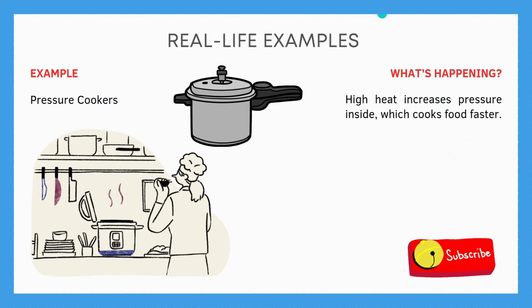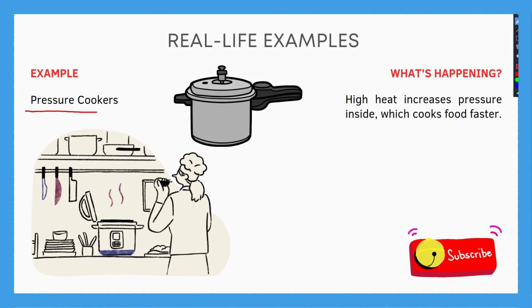So that brings us to the next example, and this is where most of us are familiar with it. It's the example of pressure cookers. Now, why are they called pressure cookers? It's simple and straightforward, because they use pressure to make food get done faster. How does it work? Pressure cookers are electrical appliances used in the kitchen that use high heat, which increases the pressure inside of them, and that makes your food cook faster.